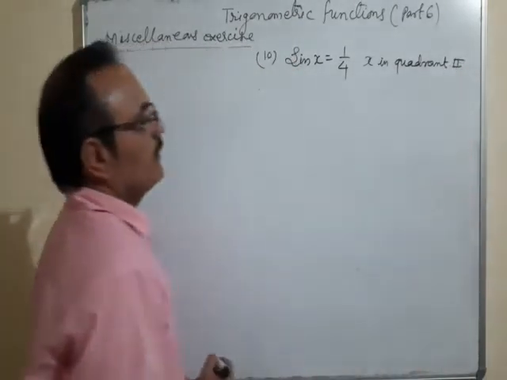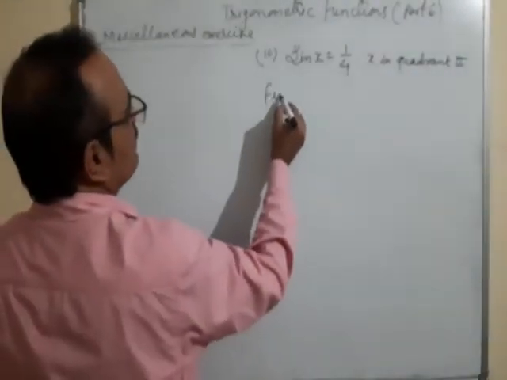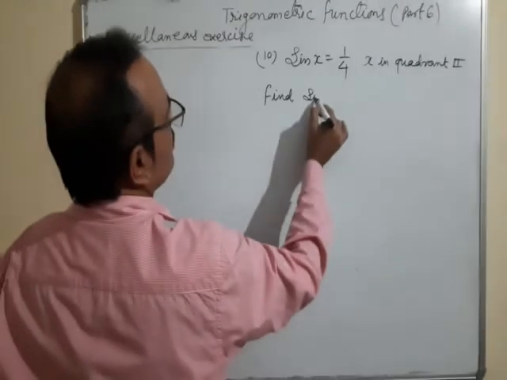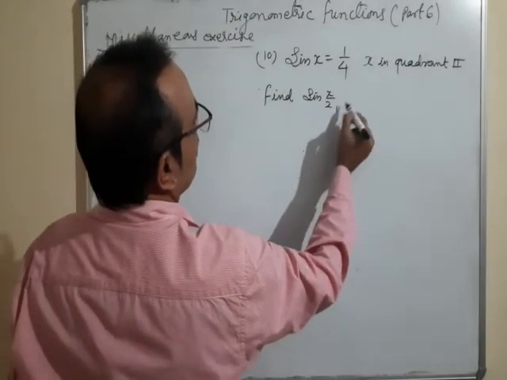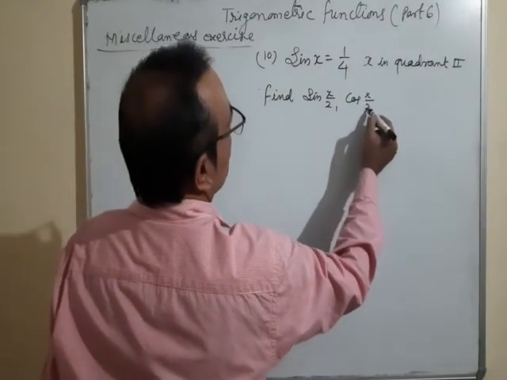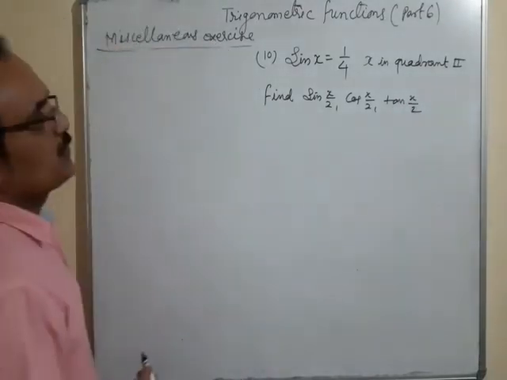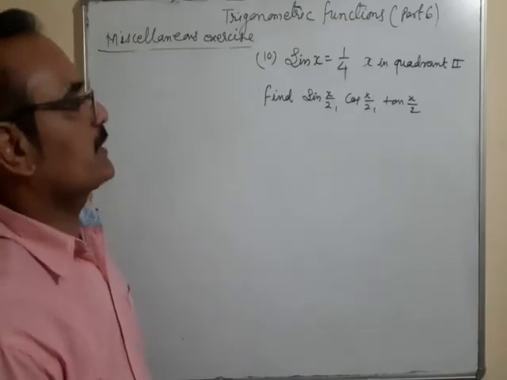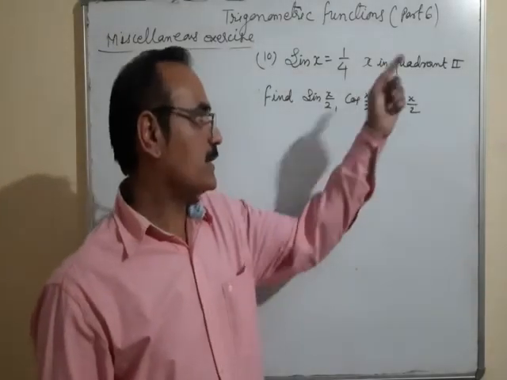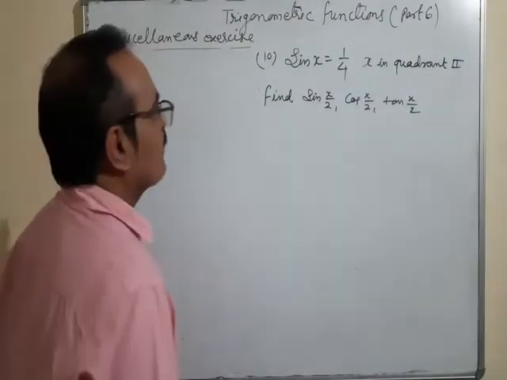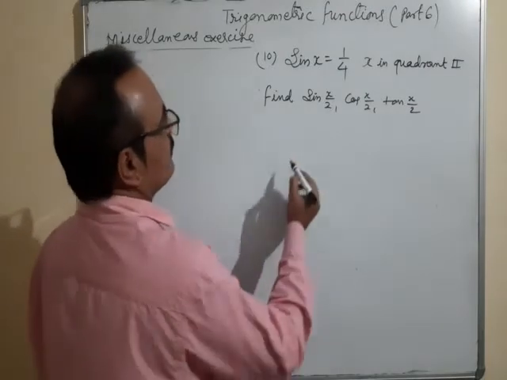Okay. And same condition, find sin x/2, cos x/2, tan x/2. These three values we are finding: sin x/2, cos x/2, tan x/2. x in quadrant 2. Sin x is equal to 1 by 4.